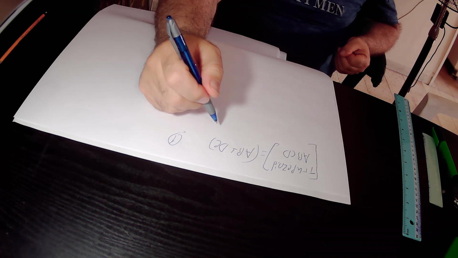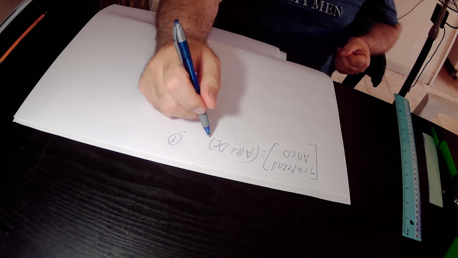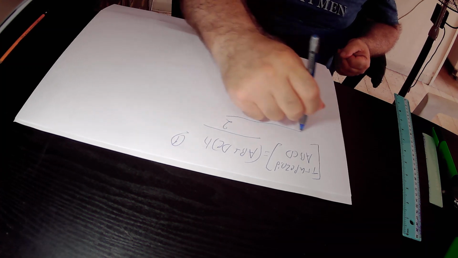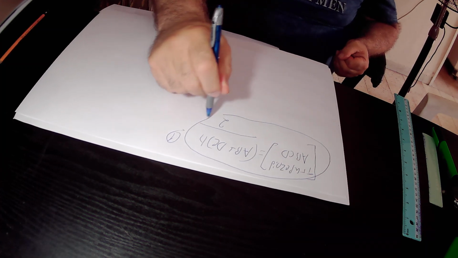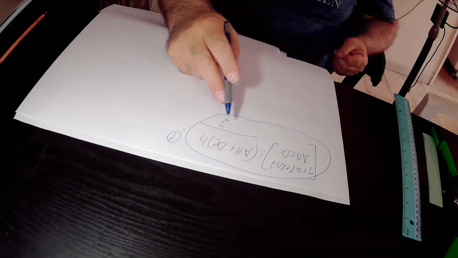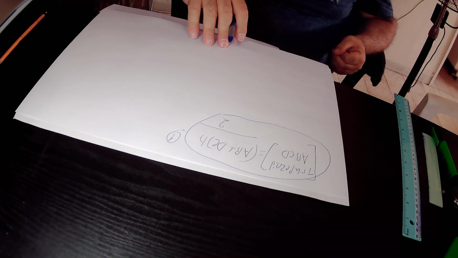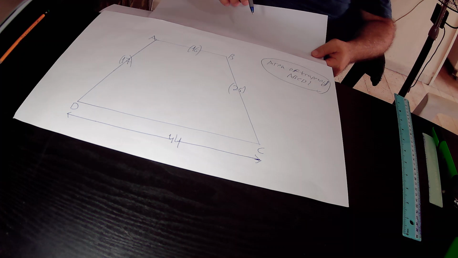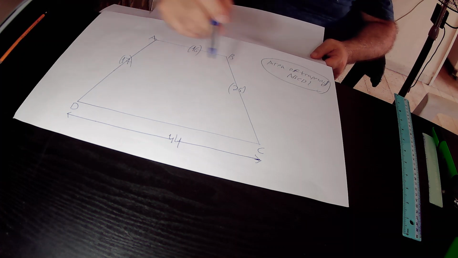We define the height as h, divided by 2. The height h must create 90 degrees with the two parallel bases AB and DC. So in total, the area of trapezoid ABCD equals AB plus DC times the height divided by 2.